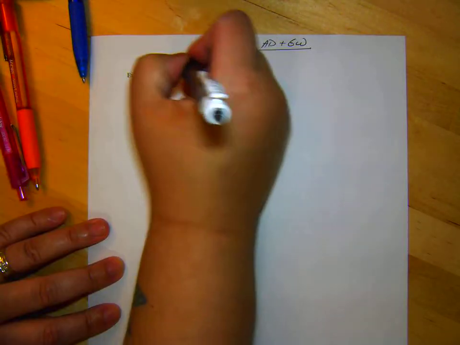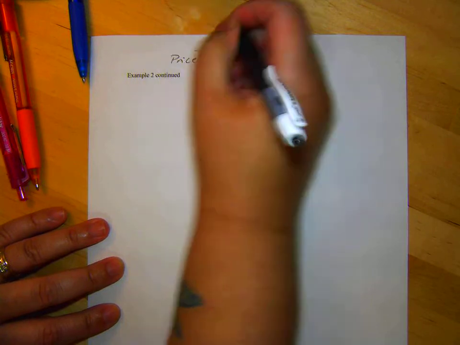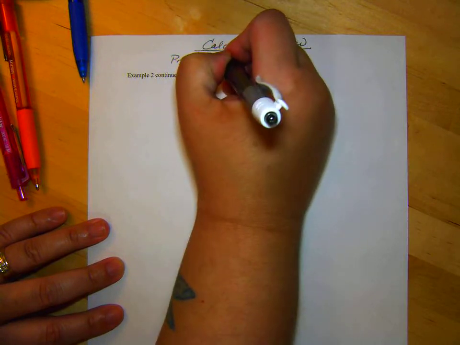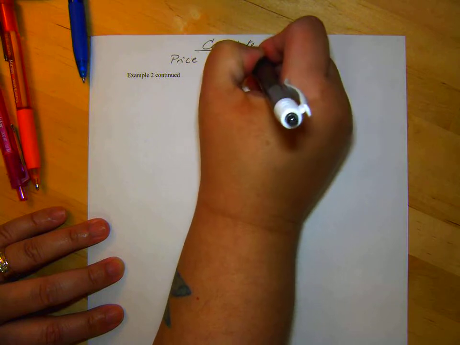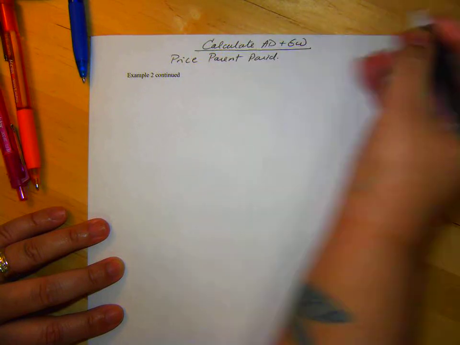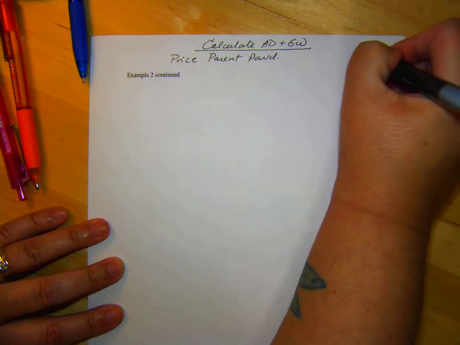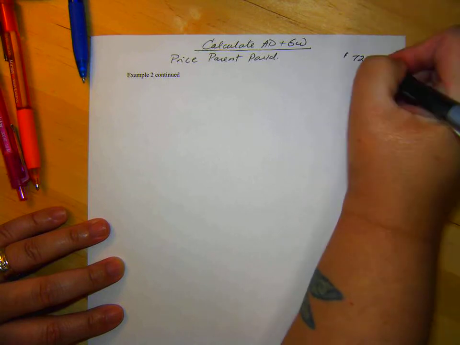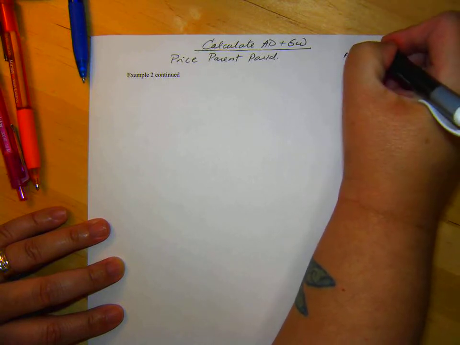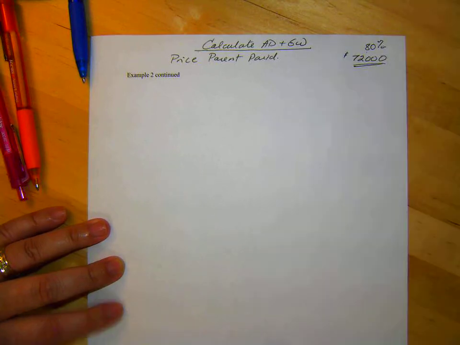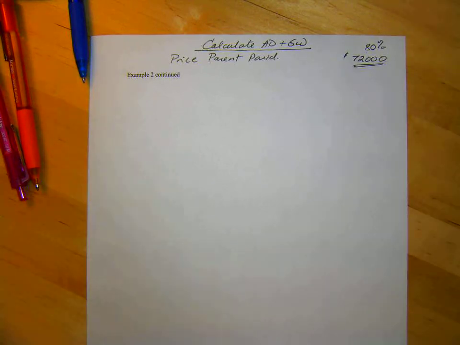Okay, now I'm just going to start us off so we can keep this straight throughout. Price parent paid was 72,000, and the percent in that was 80%. You don't have to write that down, it's not part of the calculation. It just has it all sitting there so we kind of understand.